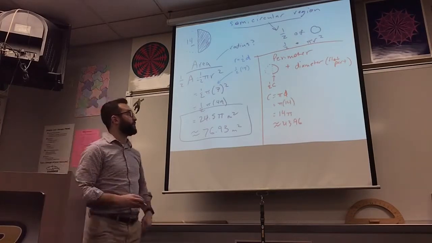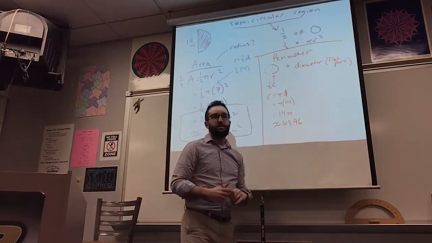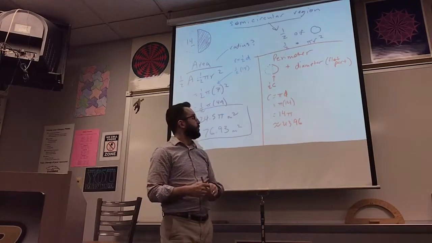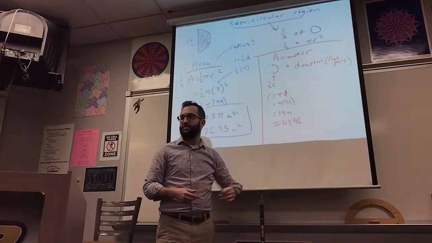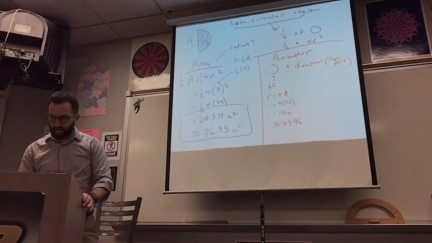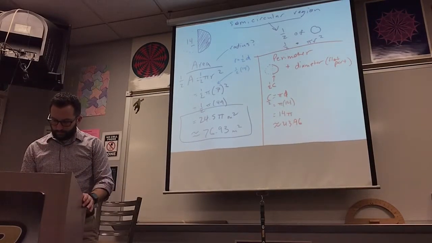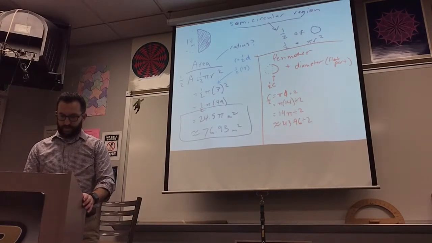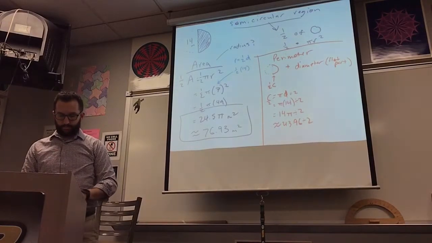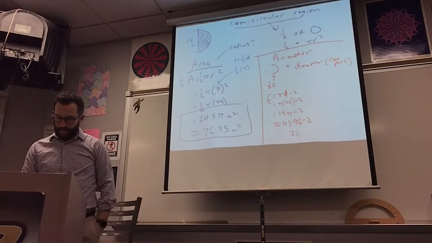However, I'm not done because I only want half of it. So I can do one of two things. Why don't I just go back and put a half in front of all of these? Or go back and divide them all by 2. And we get 21.98.